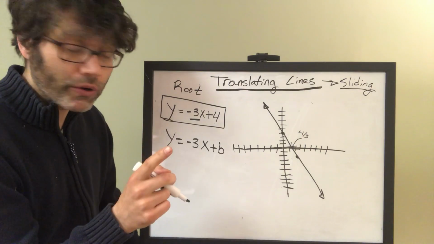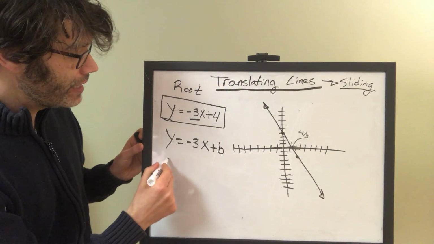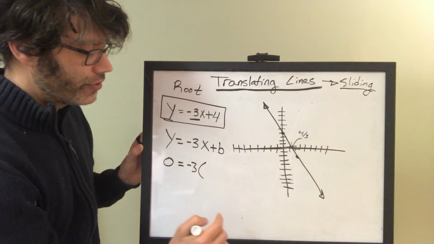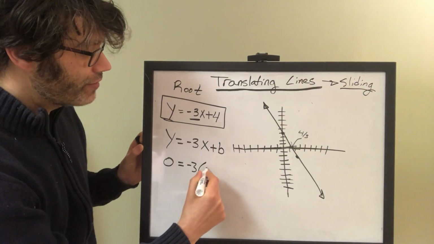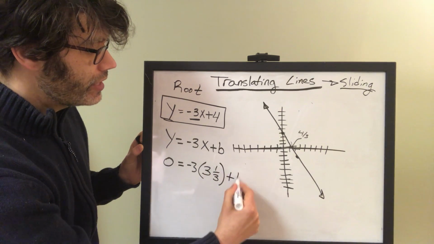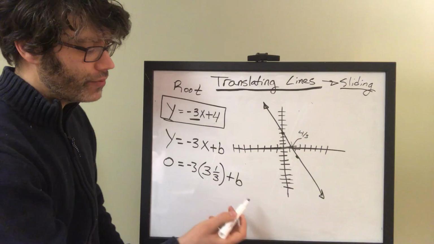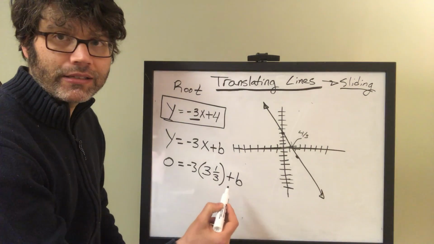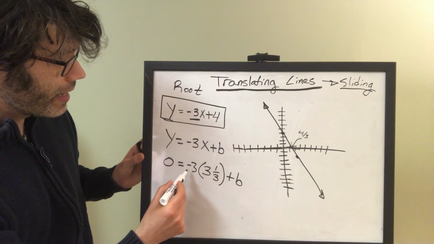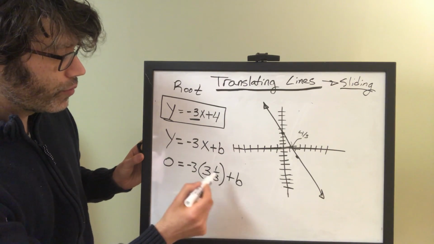However, we do know that when y is 0, our x value of this new line is going to have to be 3 1/3. Do you see that we have all the information we need to find out what the b is of our new line? So now let's just multiply -3 times 3 1/3.